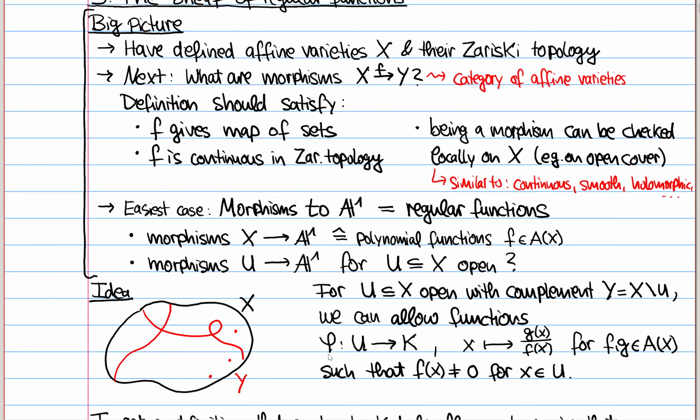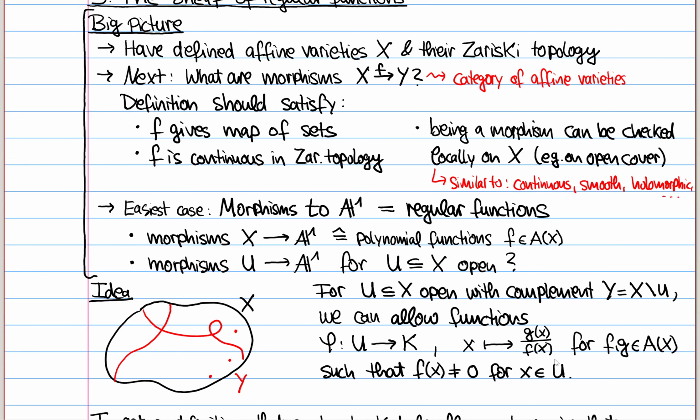And how this happens is that you look at the function phi from this open set to K, which should be given not just by one polynomial function, but as a quotient of two polynomial functions. This still stays in the realm of commutative algebra. We can still describe this just using polynomials, but we can now allow such a quotient. But then, of course, when you divide by something, you need to ensure that what you divide by is non-zero.